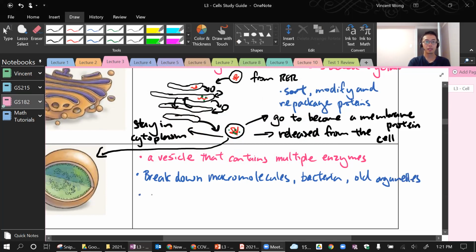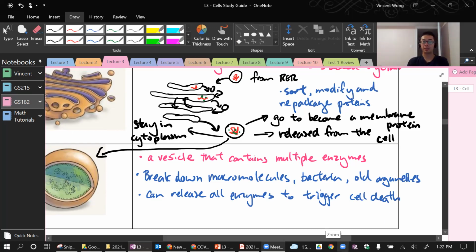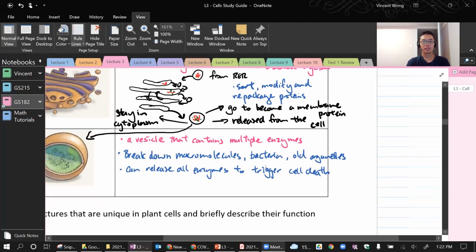And sometimes if the cell gets too old, then the lysosome can also release its content to kill the cell. It can release all the enzymes to trigger cell death. Sometimes it's better to kill off one cell that's not working, and unlock some of the resources. So that's what it is.